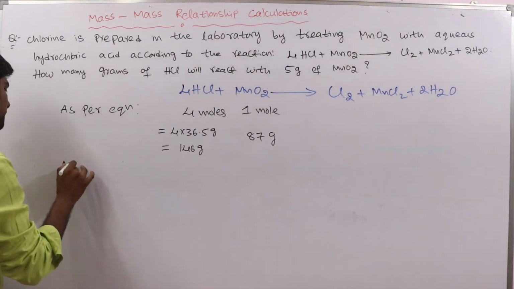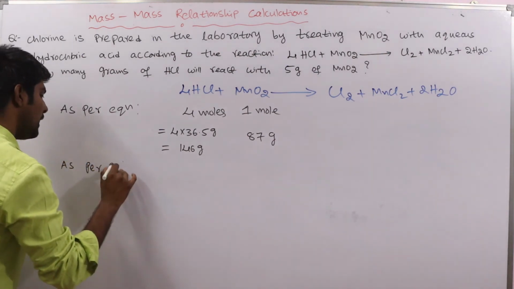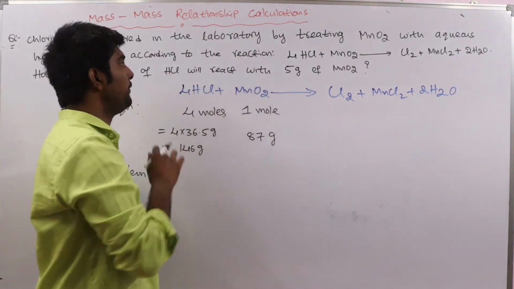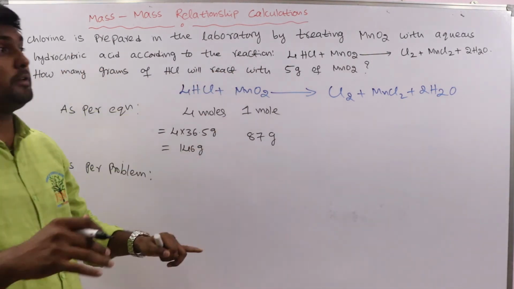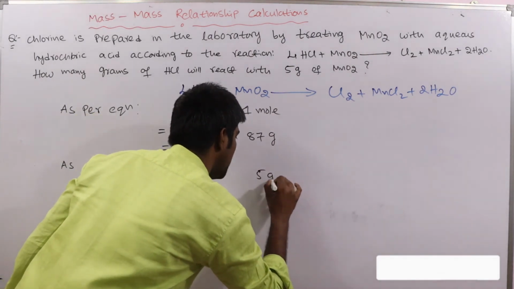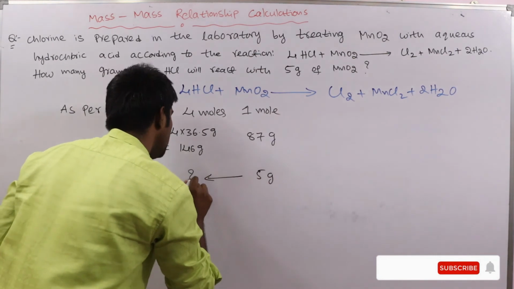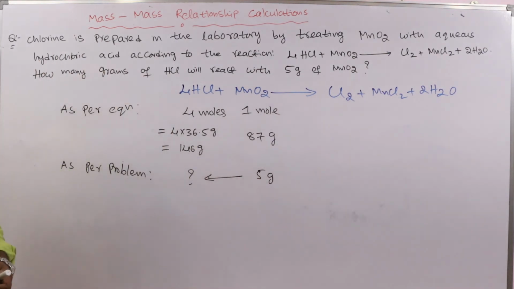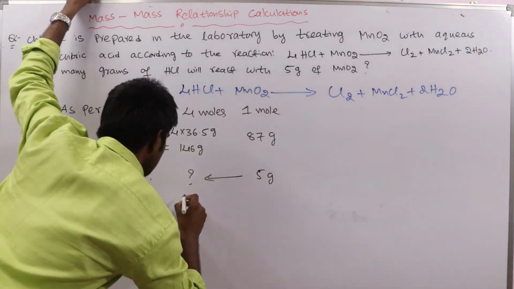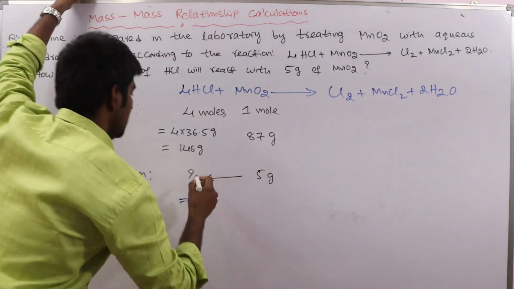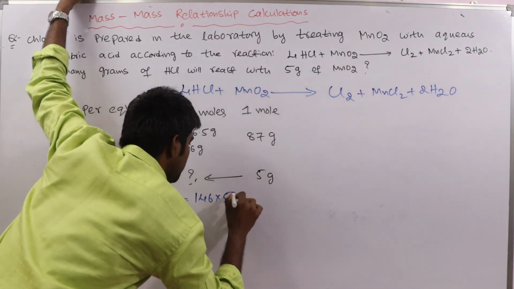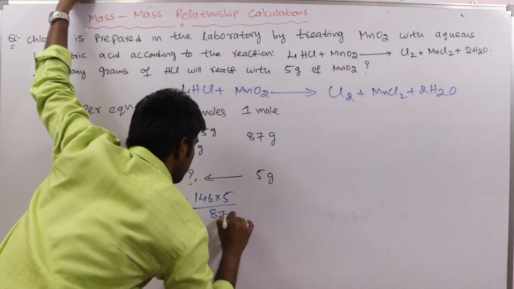Now, as per the given problem, with 5 grams of MnO2, how many grams of HCl will react? Same story: cross multiplication, 146 into 5 by 87.